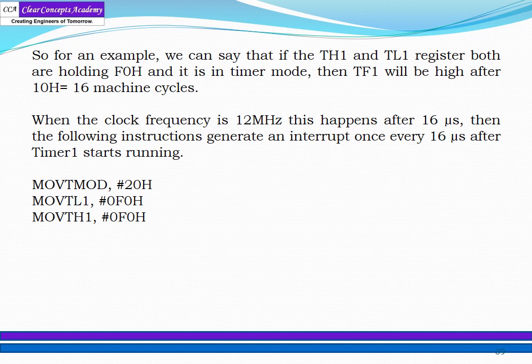Move TH1, hash 0F0H, to the high byte of timer 1. Then move IE, 88H, that means this will enable the interrupt of timer 1. Then SETB TR1, this will start timer 1.